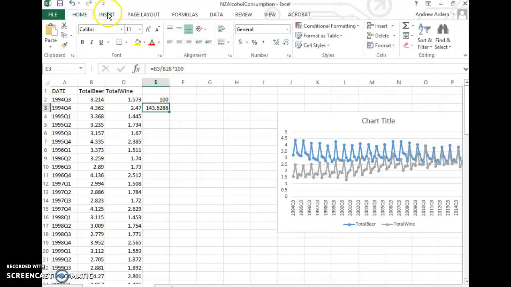Okay, I don't actually need the decimal places. Let's go 144%. So between quarter 3 94 and quarter 4 94, the percent increase in sales of beer is a 44% increase. If the third quarter of 94 was 3.2, it's gone up by 44%. That's what that number means.